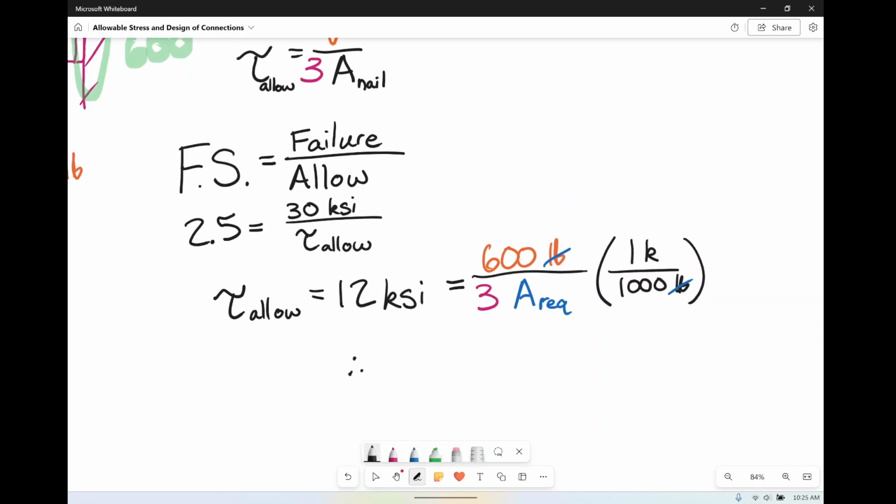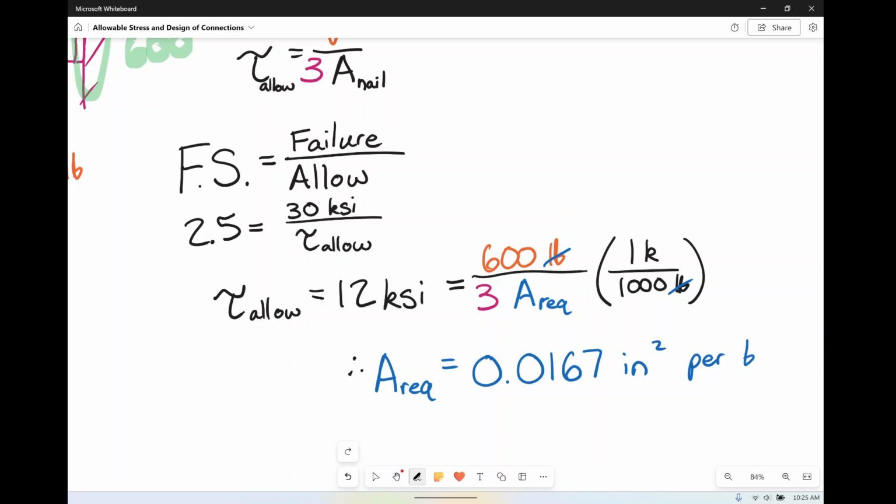So my area required is going to be 0.0167 inches squared per nail, because there are 3 nails, this is the area per nail.